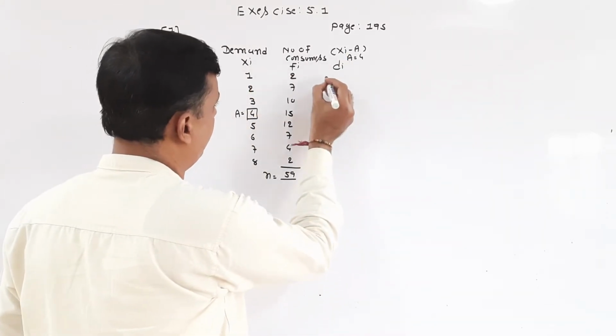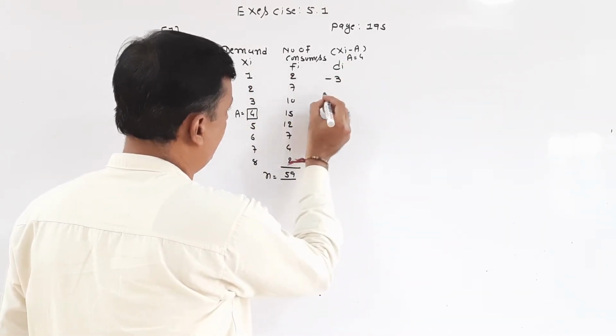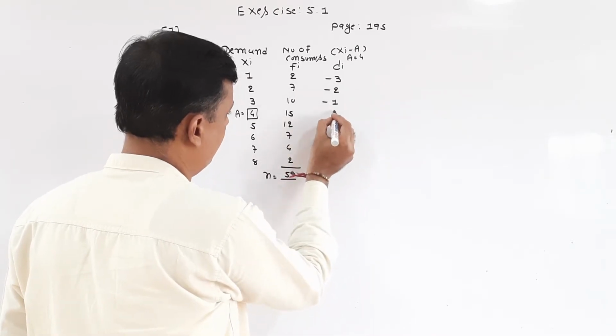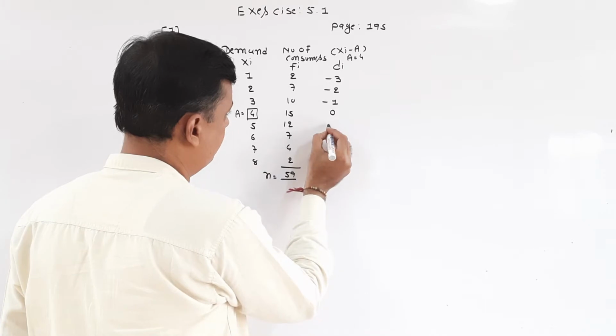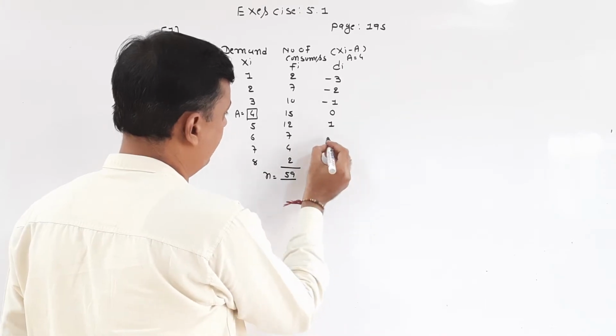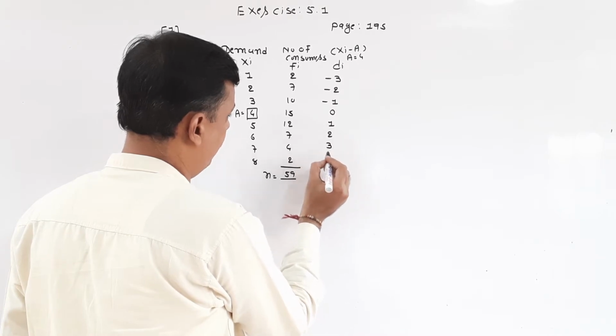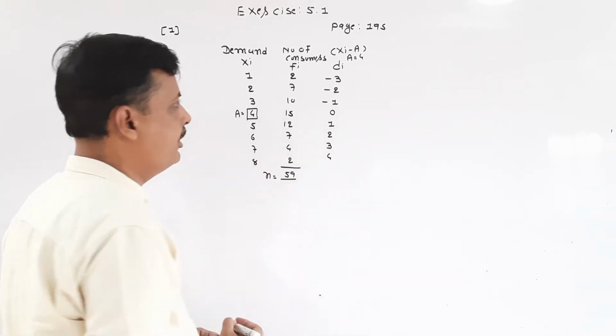1 minus 4 is minus 3, 2 minus 4 minus 2, 3 minus 4 minus 1, 4 minus 4 is 0, 5 minus 4 is 1, 6 minus 4 is 2, 7 minus 4 is 3, 8 minus 4 that is 4.